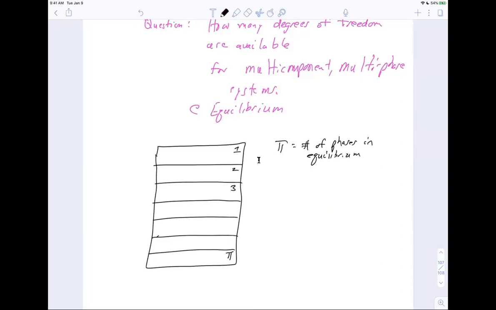Okay, and a phase, right, we know from a pure fluid is solid, liquid, and vapor. If you have multiple components, you could have multiple phases that are all liquid, right? But they would each have different compositions. So a multi-phase system now has this added thing about composition. So a phase can have a different composition.